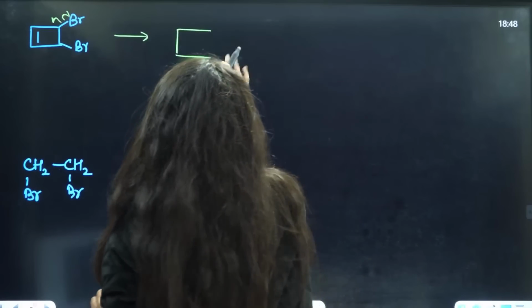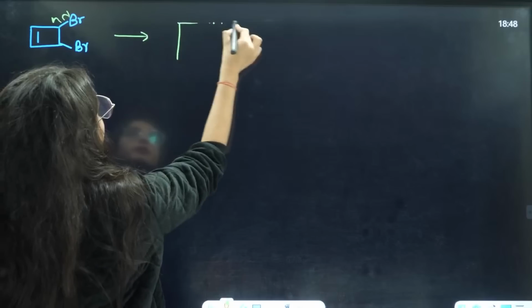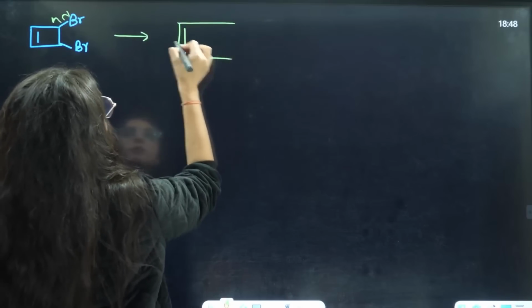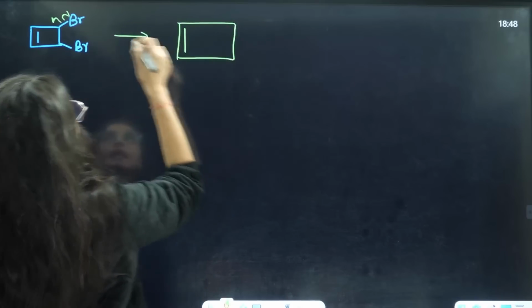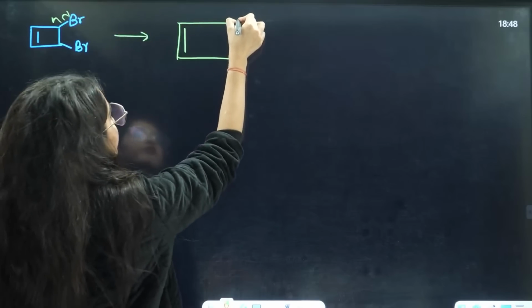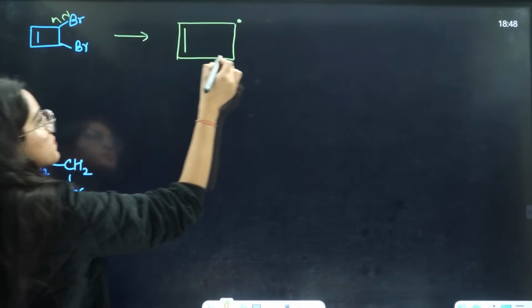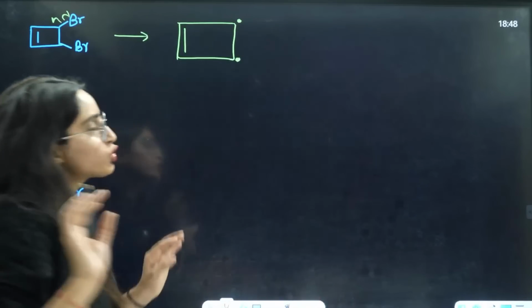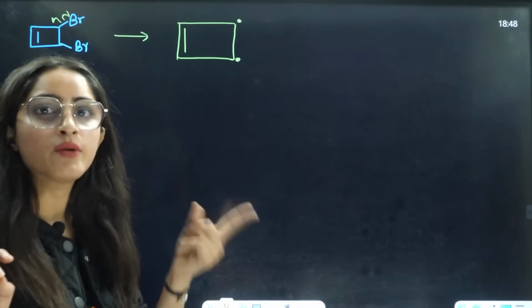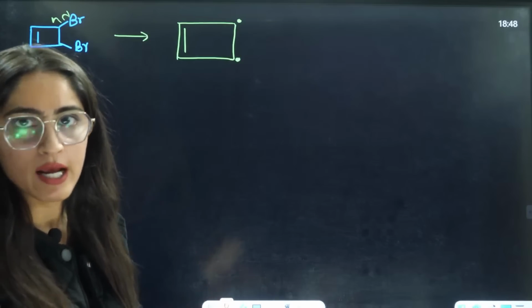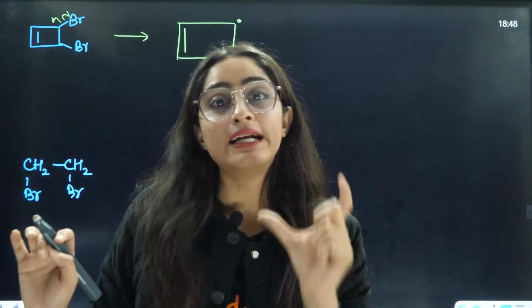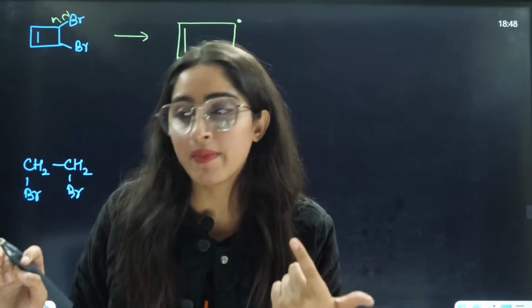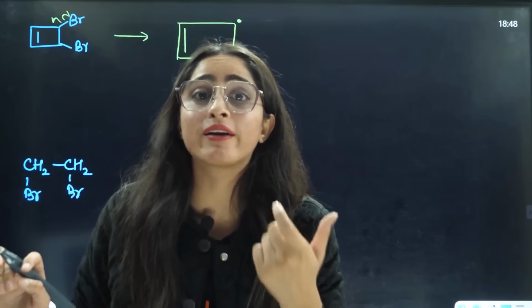So you can make something like this. The double bond will be present here only, and instead of this Br you will have a free radical here. Now, two things can happen, intermolecular and intramolecular. And always intramolecular is more stable as compared to intermolecular reaction.